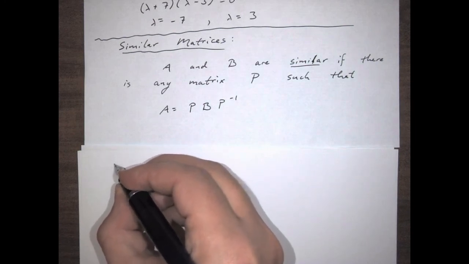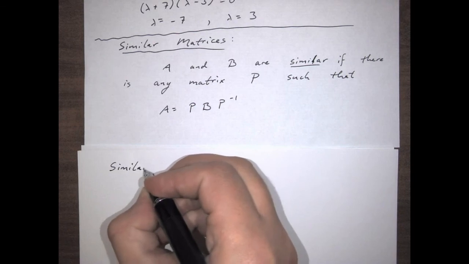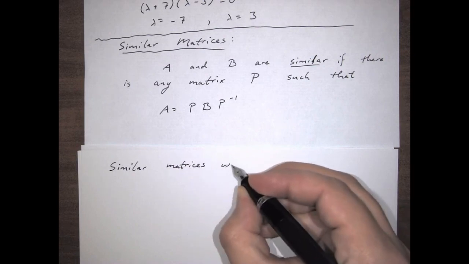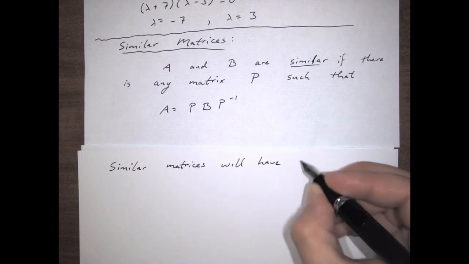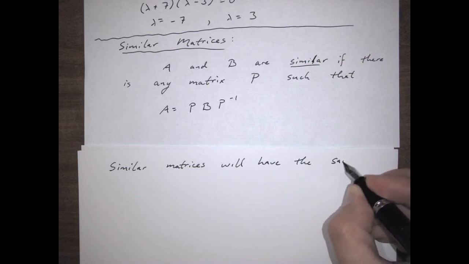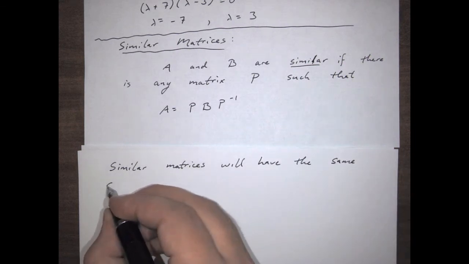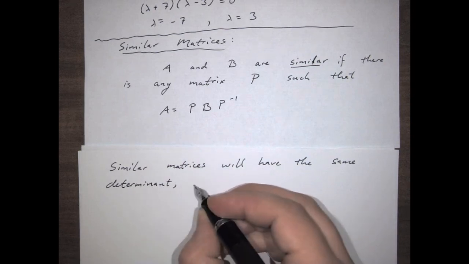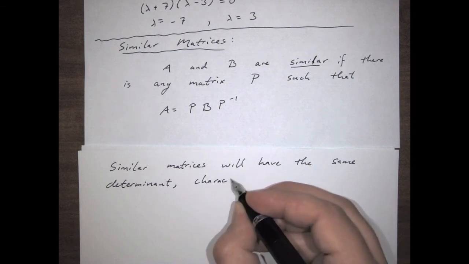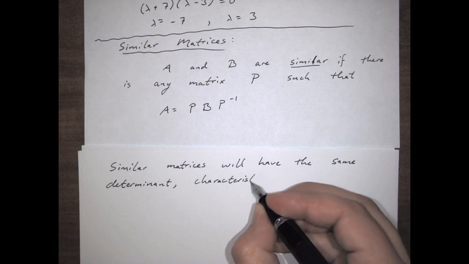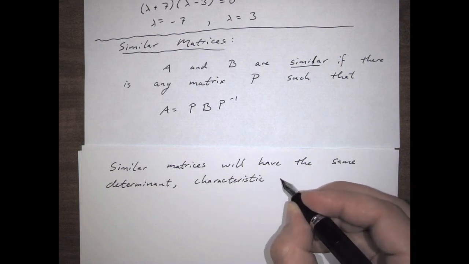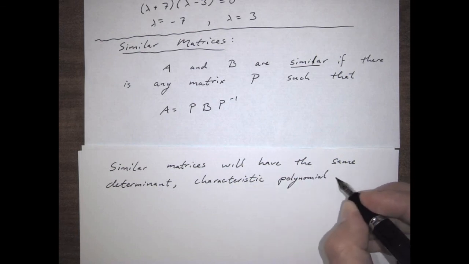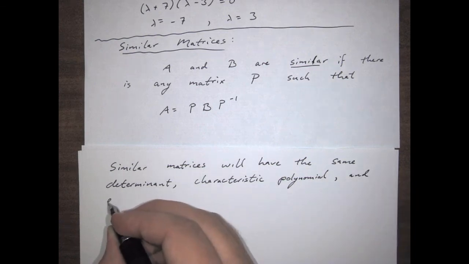So similar matrices will have the same determinant, characteristic equation, or I should say characteristic polynomial, and eigenvalues.